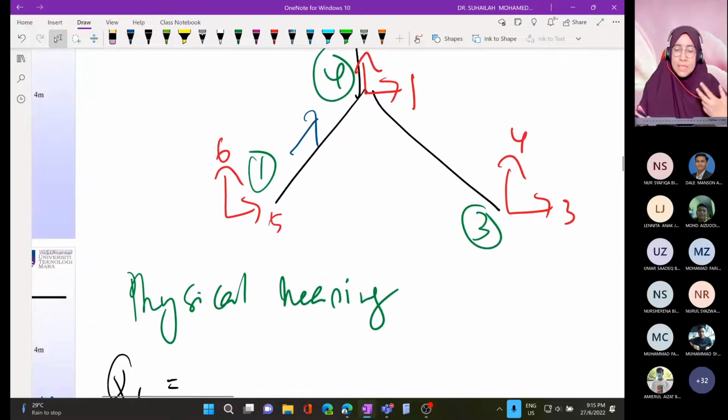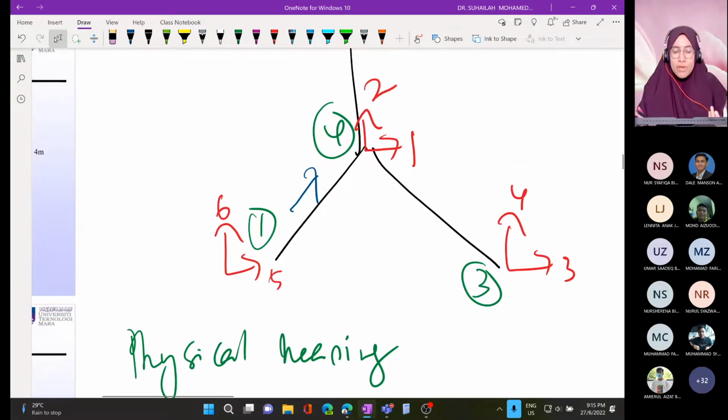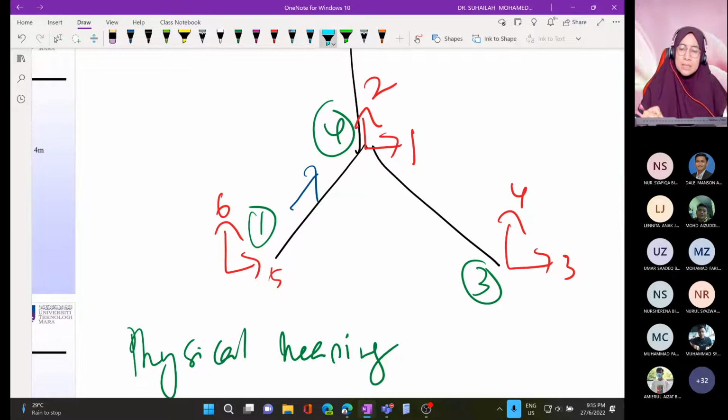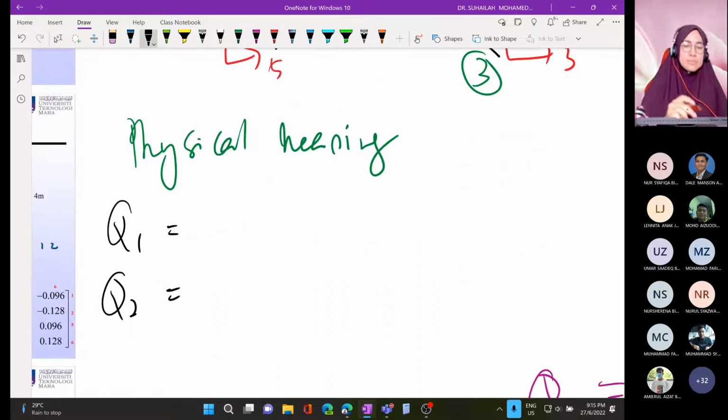What is the physical meaning of Q1? Q1 is Q at position 1, and position 1 is located at node number 4. It means that we have to read the horizontal force at node number 4. That is Q1. That is the physical meaning.